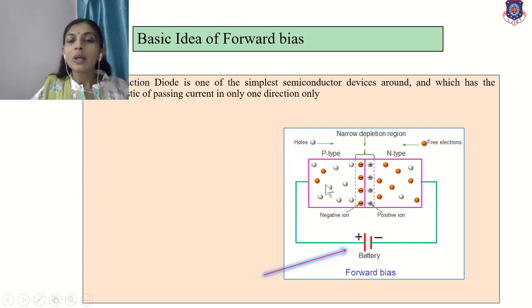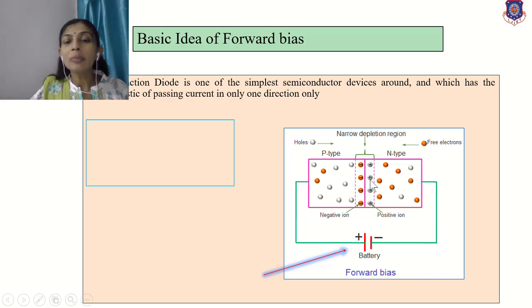Similarly, when holes cross the junction, negative ions will be collected, because a hole leaves behind negative ions. So these positive and negative ions will be collected across the junction, and the depletion region will be the collection of ions, and these will be fixed ions.